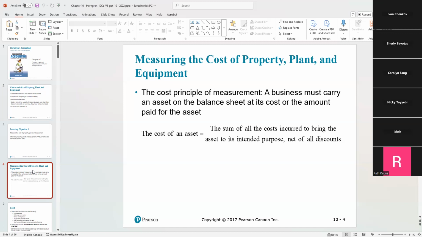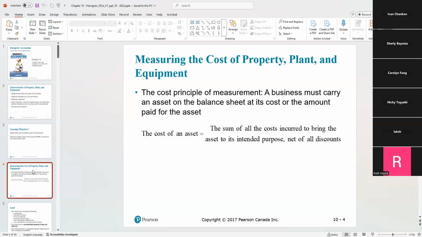So what will be the cost of the shoes, or the cost of the asset? That will be all the costs which we have to pay in order to bring the asset to its intended purpose, less all the discounts.